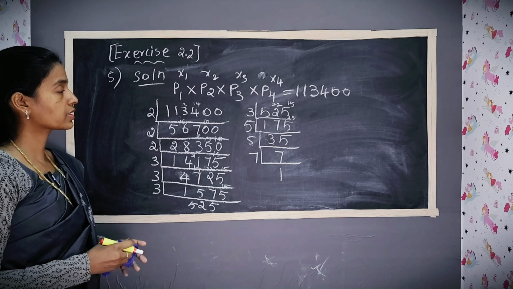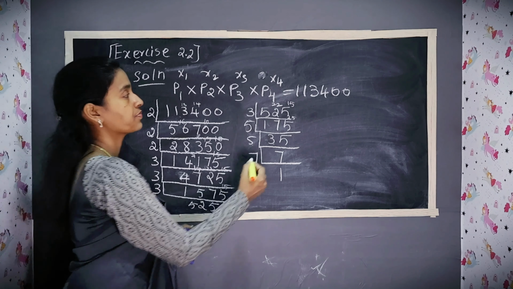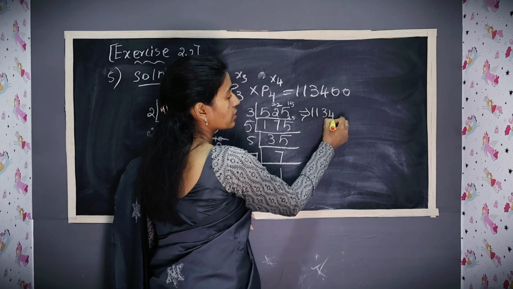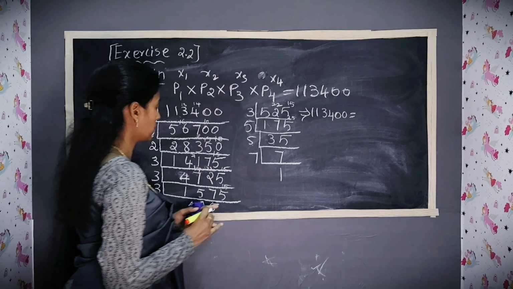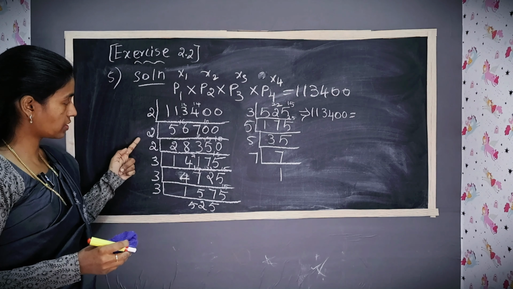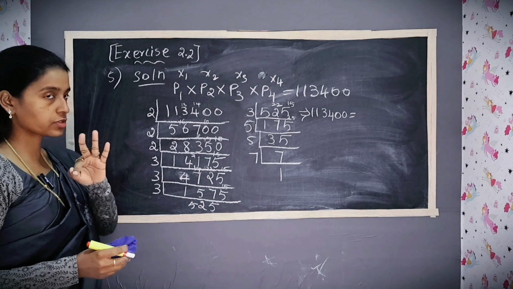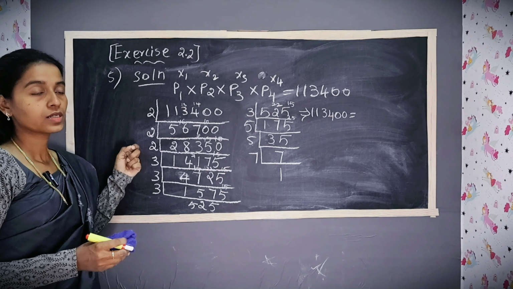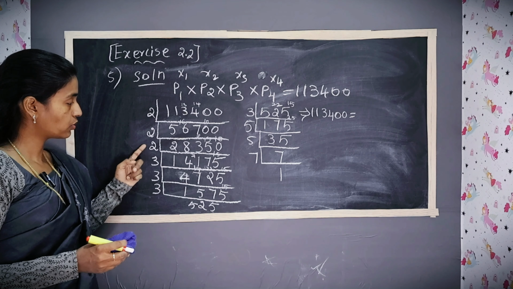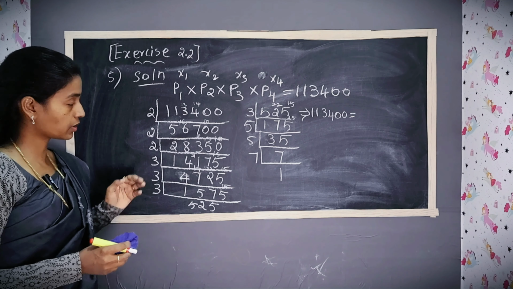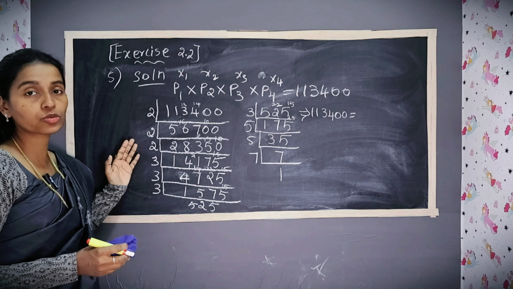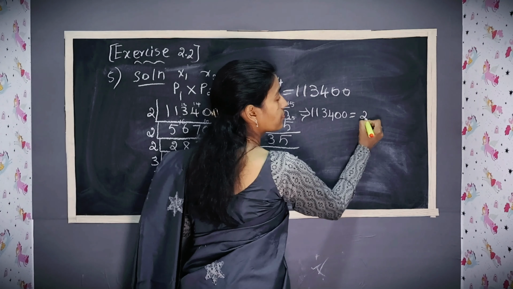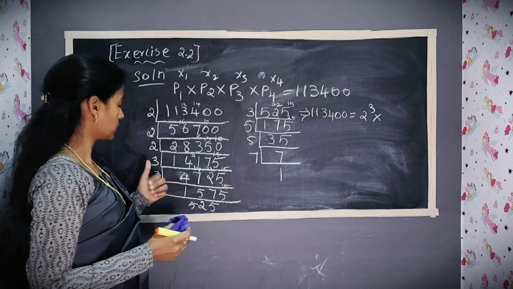Okay, now we can write the answer as 113400 equals, how many times is 2 appearing? 1, 2, 3 times, right? So we can write 2 power 3. We can write this 2 as 2 power 3 because this number 2 is appearing 3 times. So 2 power 3 into number 3.